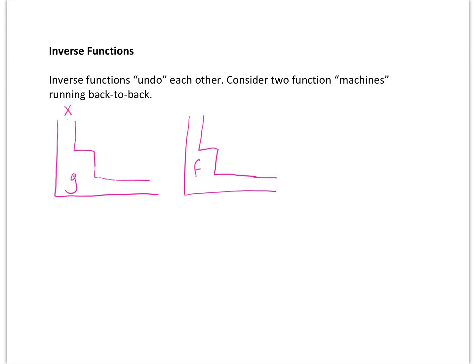So I put something into G, we turn the crank, G does something to our input and it outputs something, we'll call it G of X, a Y value. So we take that X, we put it into G and it makes a Y. If you take that Y and put it into F, if F and G are inverses that undo each other, then what I get out of F is what I originally put in.